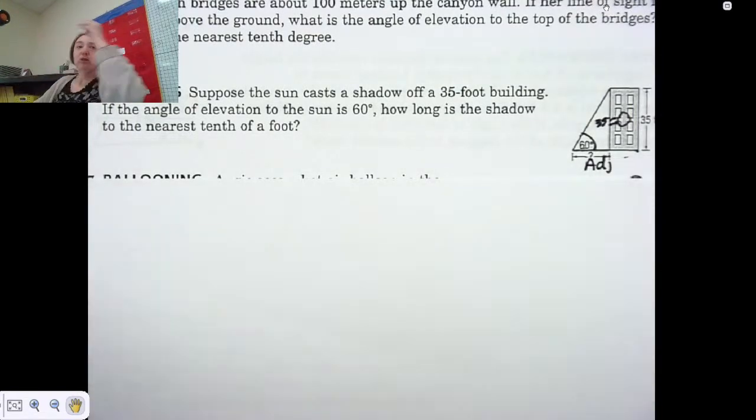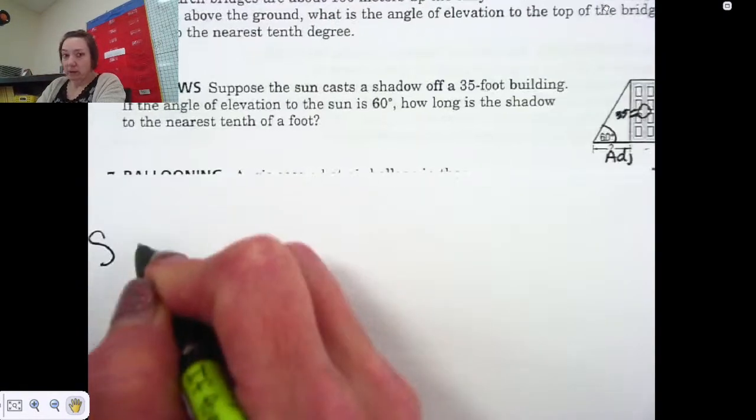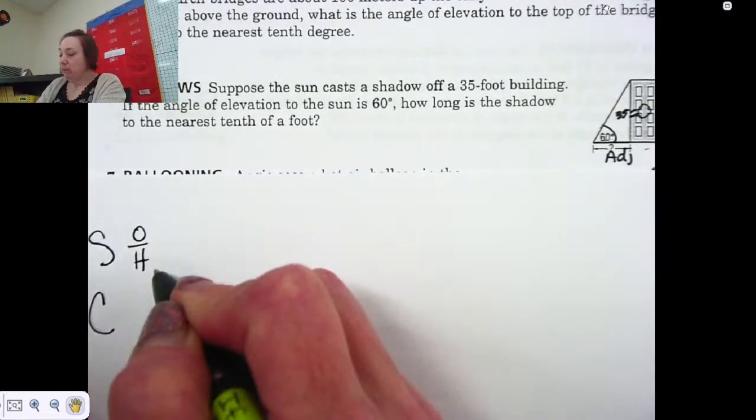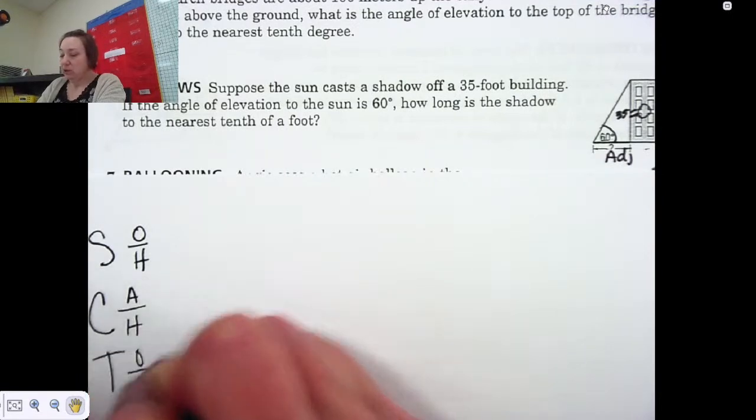So now we go back to our trig functions and we think to ourselves, okay, which trig function would use opposite and adjacent? And we may need to do our little jingle. So what's our little jingle? Some old hippie caught another hippie tripping on acid.